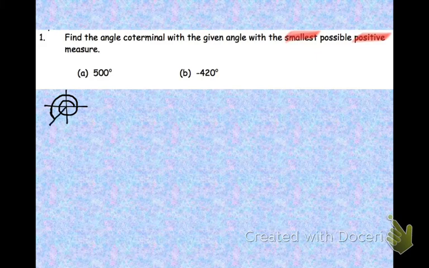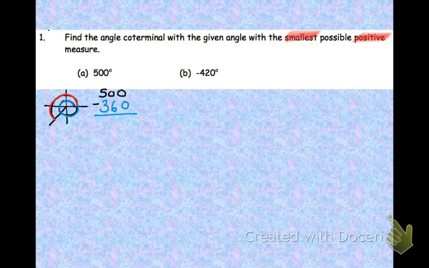So if we wanted to figure out just what this measure is right here, we would take away this inside piece, which we know measures 360. So you're taking the whole thing, which was 500, and you're subtracting away 360 of it, which is going to leave you with just the red piece.